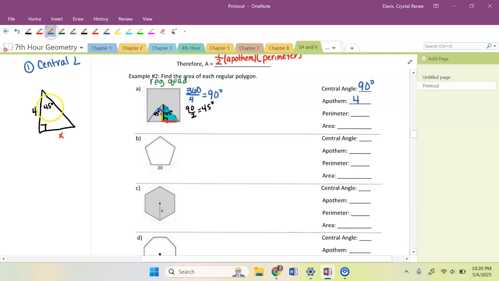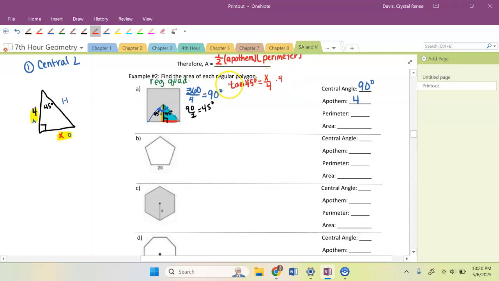I know an angle and I know a side length, so I'm going to use SOHCAHTOA. This is my hypotenuse, opposite, and adjacent. I want my opposite side and I have my adjacent side. O and A are together in TOA, so I'm going to use tangent. Tangent of 45 degrees is equal to opposite over adjacent, so x over 4.